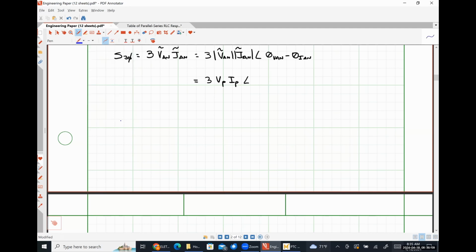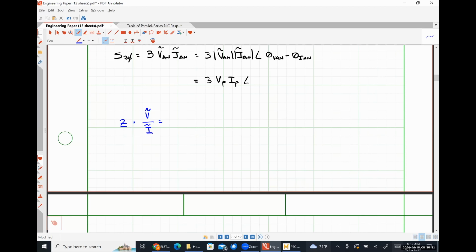Let's say that I had an impedance. Impedance, by definition, is the ratio of phasor voltage to phasor current. Doesn't matter if I'm using an RMS phasor or a regular phasor, right? Impedance is always just the ratio of voltage to current.